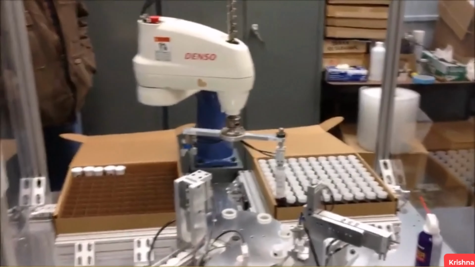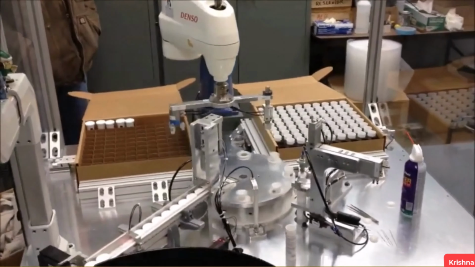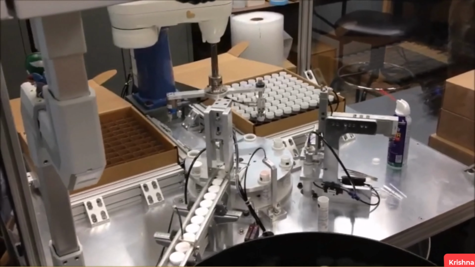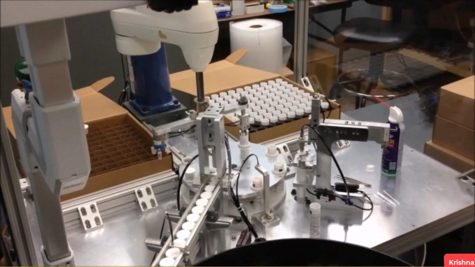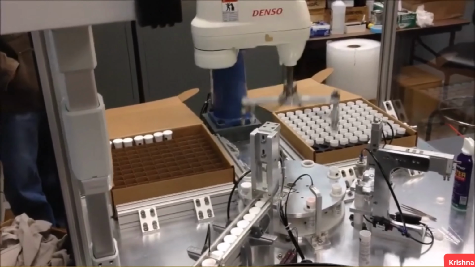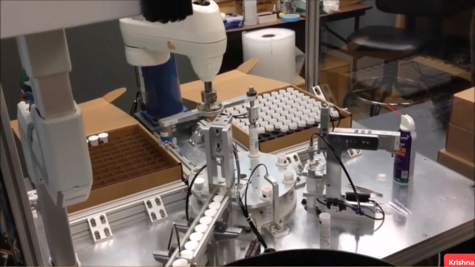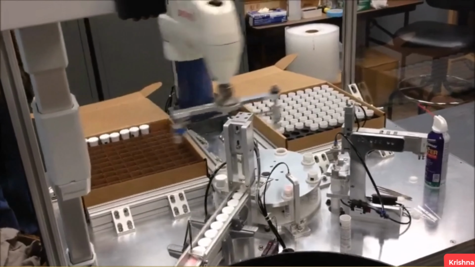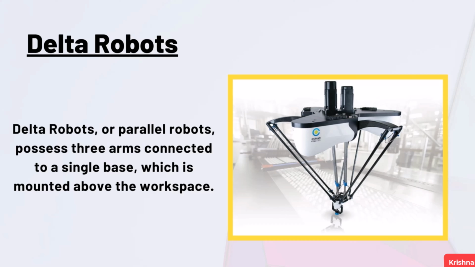SCARA robots excel in lateral movements and are commonly faster moving and have easier integration than Cartesian robots. Typically, SCARA robots are used for assembly and palletizing. They are also sometimes used in biomed applications.